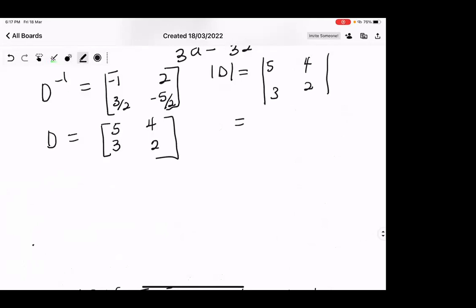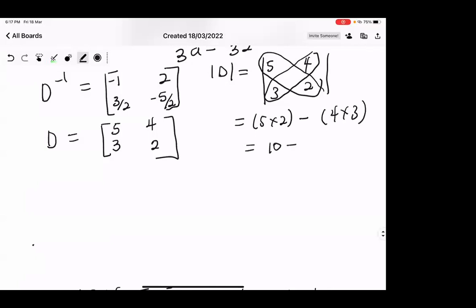This is given by the product of members on the leading diagonal, 5, minus the product of members on the other diagonal, 4 times 3. This is equal to 10 minus 12, which is -2. So the determinant of D is -2. That is what I said. It's a non-zero number.